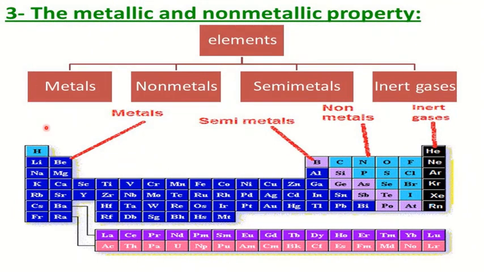Look here, the left side is metals, the right side is non-metals, and you know the 18th group is inert gas, and the middle is semi-metal. In the middle there are boron, and silicon also has some properties like metal and some properties like non-metal. Germanium, these are semi-metals.